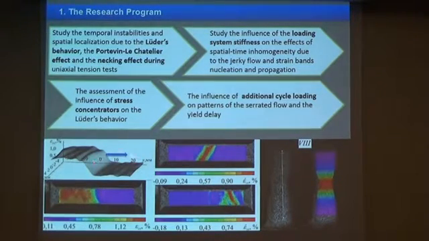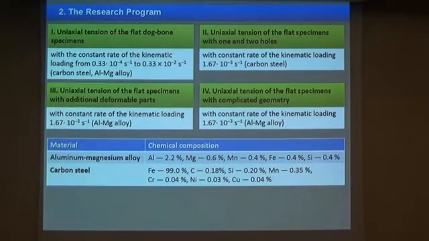There are some examples of our results to show the main effects I will talk about. So the test program includes the uniaxial tension of the flat dog-bone specimens of carbon steel and aluminum magnesium alloy, the uniaxial tension of the flat specimens with 1 and 2 holes, also the specimens with additional deformable parts and with complicated geometry.